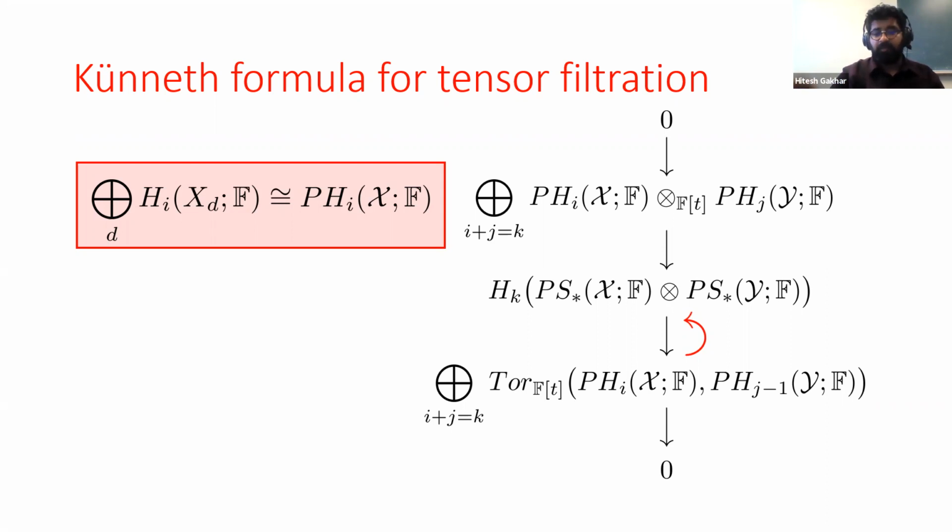So on the top, we have the graded tensor product of the persistent homologies, then the homology of the persistent chain complexes, and then the Tor of the persistences. It's not quite there yet, and it wasn't quite there yet even for the classical Kunneth formula. They needed this extra element of an Eilenberg-Zilber theorem. So that's the route we went.